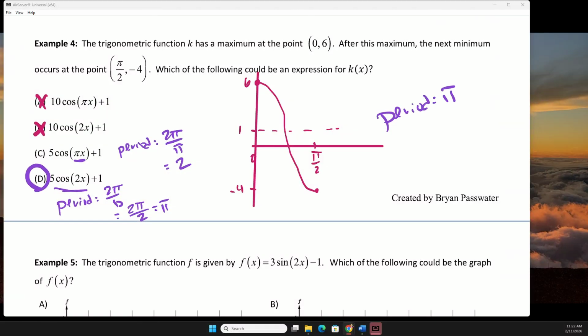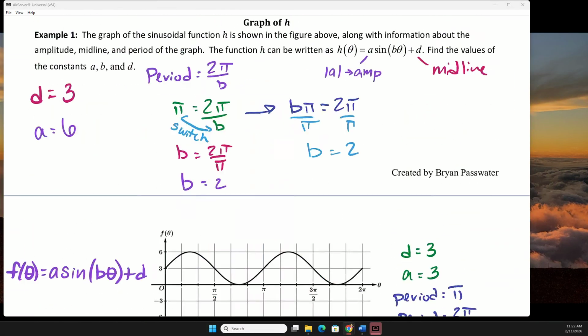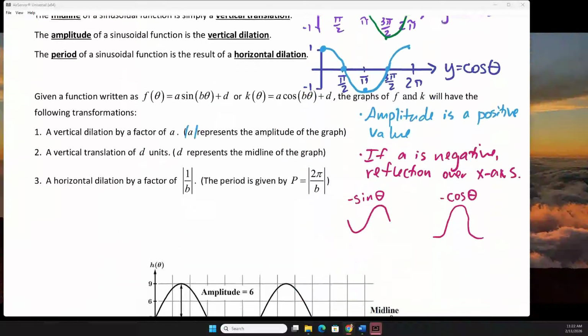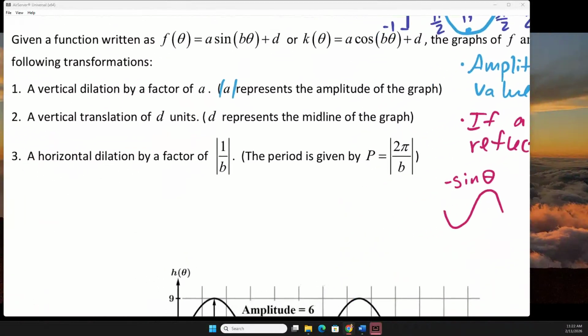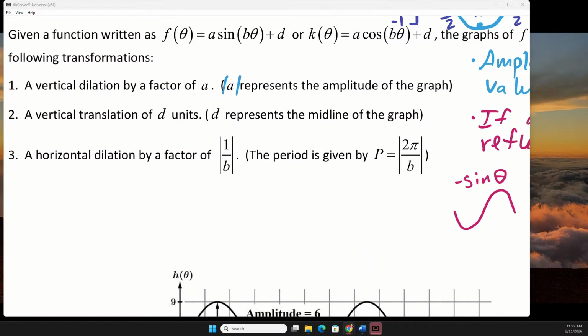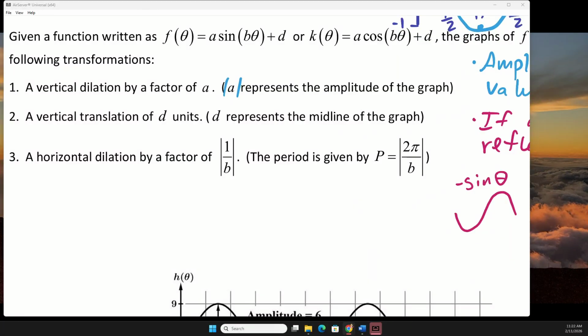Wait, why is C 2 pi over pi? That's how you find it, if you have the equation. Let me scroll back up here. This is important because I do think they ask this question on the ACT also. They'll give you an equation and ask you to find the period. So when you need to find the period, it's 2 pi divided by b, which is the coefficient of theta or x.